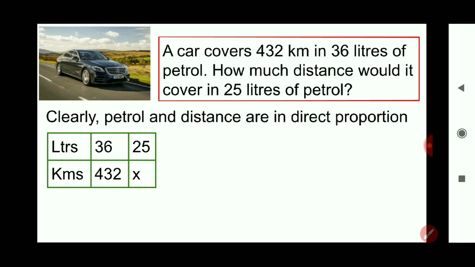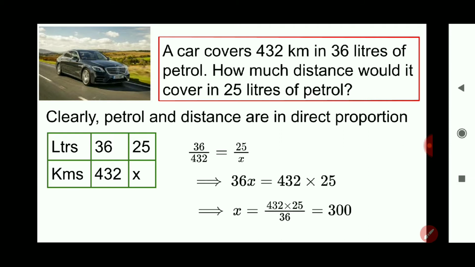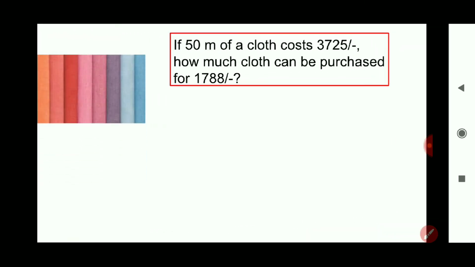Hence, let us prepare a table. 36 liters consumption leads to 432 kilometers, and 25 liters leads to x kilometers. From it we can write 36 by 432 is equal to 25 by x. By cross multiplication 36x is equal to 432 into 25. That implies x is equal to 432 into 25 by 36. That is 500.